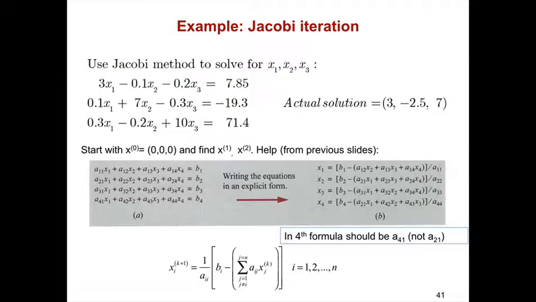And then my x3 is 71.4 divided by 10. Well, that one's easy. I can do that one. 7.14. For the second one, I think it's negative 2.757. Oh, yeah. I heard only 57.